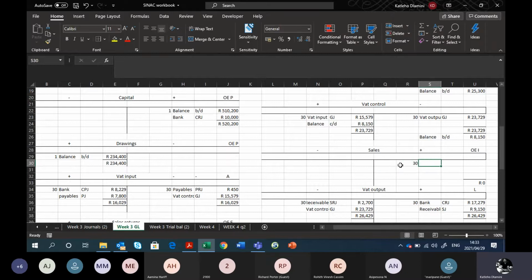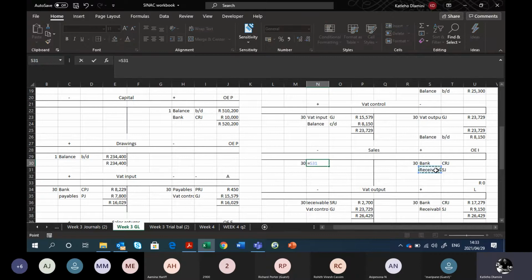So on the 30th, bank, CRJ, and I also have receivables, SJ, and then on the 30th, I have receivables, SRJ.